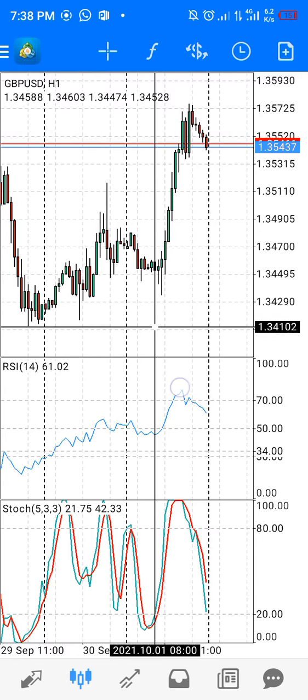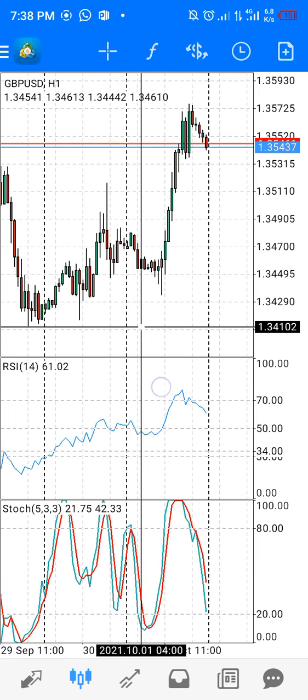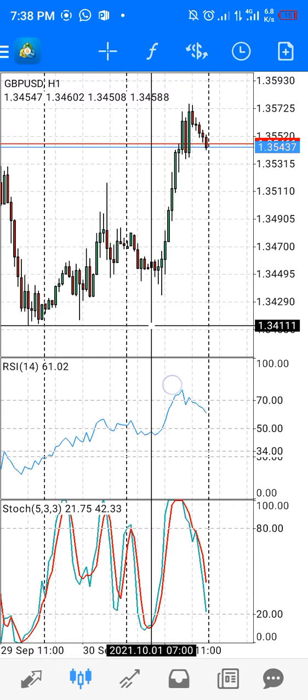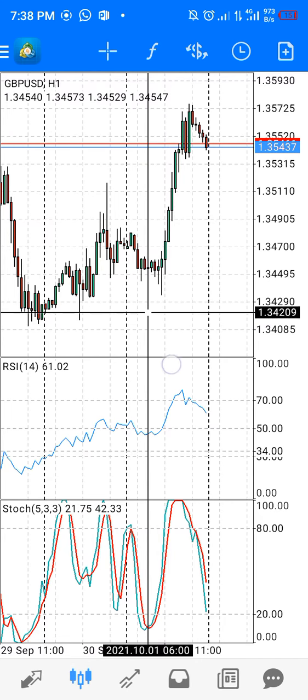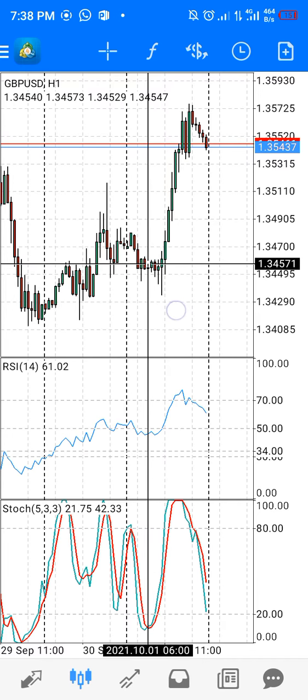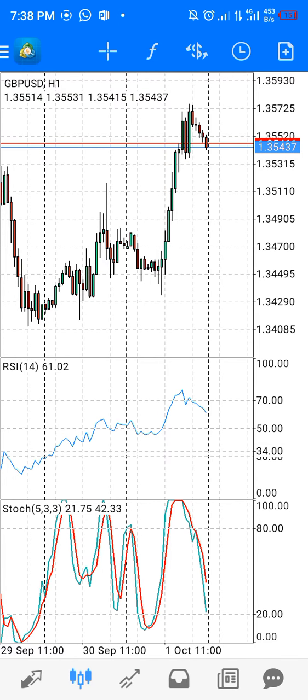Like for instance, let's take a look at this candle. Stochastic is at the oversold level and RSI is below 50. Okay, it's not a good entry. So that's how the strategy works.